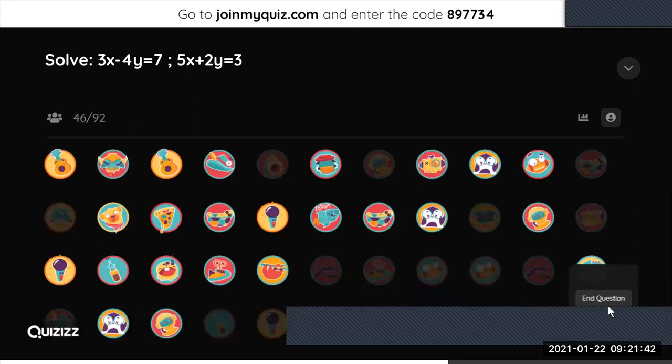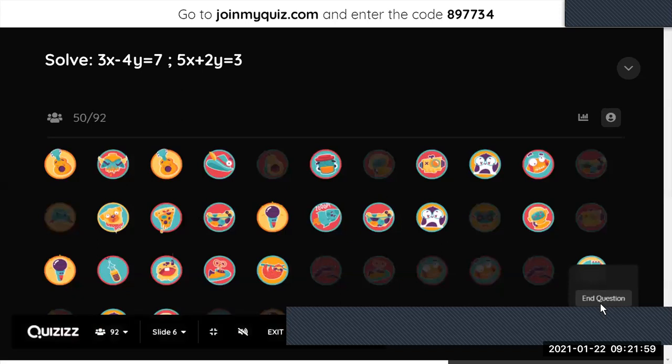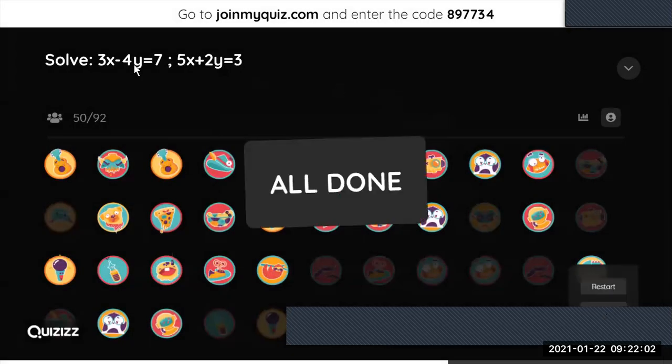You already know x equals 1, so don't go with the option which has some other value of x. Try to rule out a few options. We have reached 50 students entering solutions, so let's end this question and check.